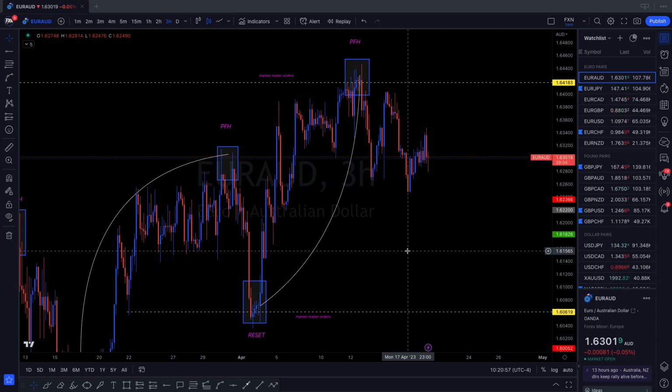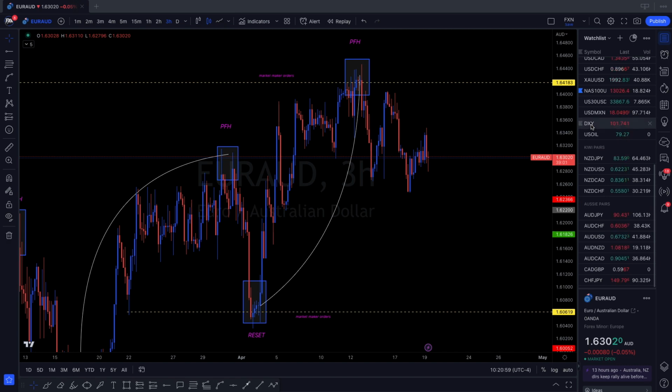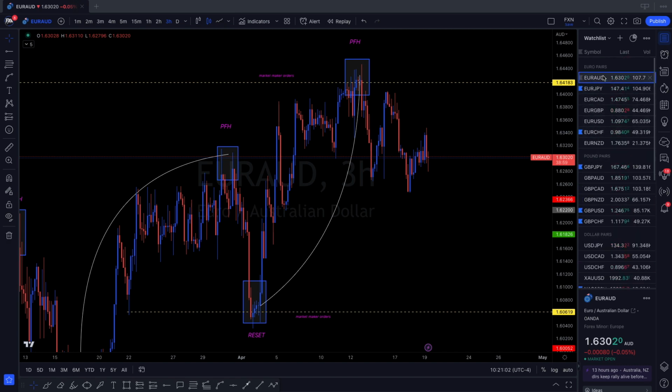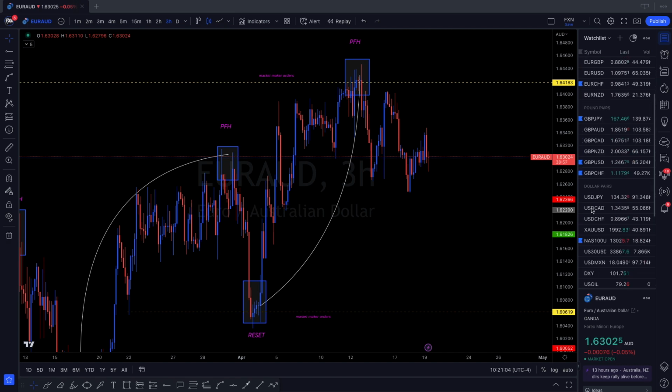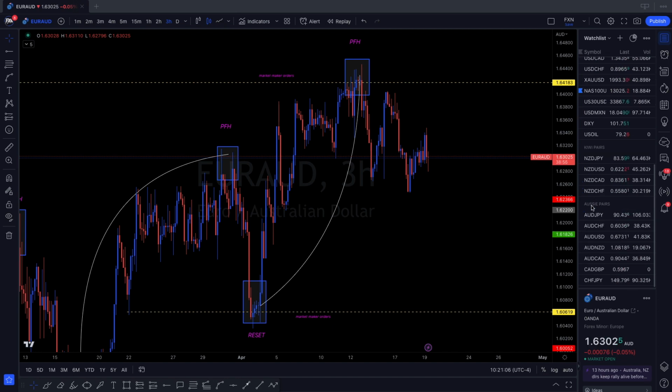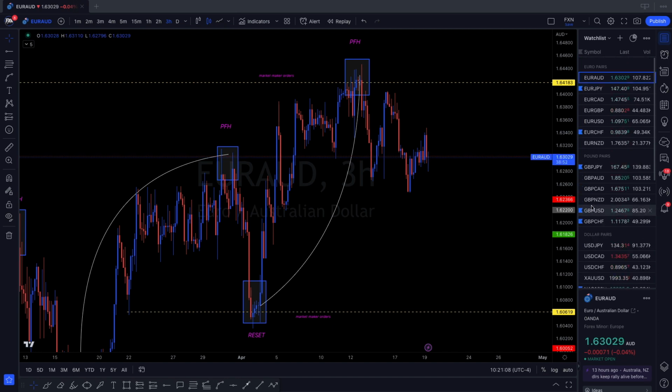So for example, I have over 29, 30 pairs listed here. Now you may not necessarily be following 28 or 30 pairs. You may be following only 5 or 6, which is perfectly fine. So here's the way that I find the best pairs to trade, or decide what pairs I should pay more attention to.